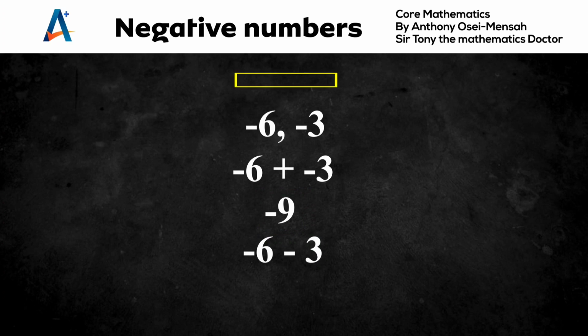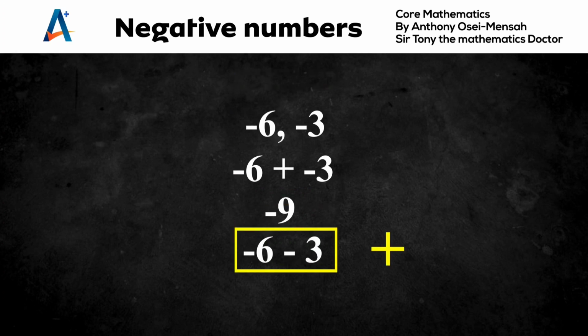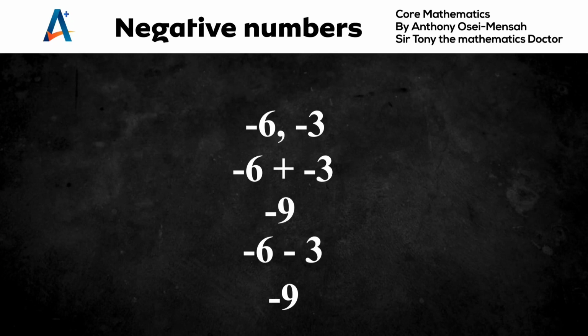People normally think -6 - 3 will result in a positive answer, but that is absolutely wrong. -6 - 3 will still give us -9. So to conclude on this, I want you to note that a negative number plus a negative number is still an answer in the negative form. So -6 - 3 is still negative.